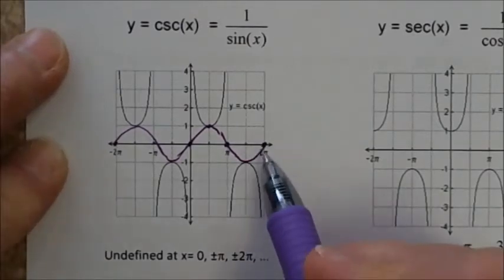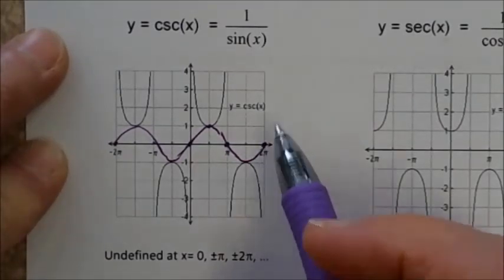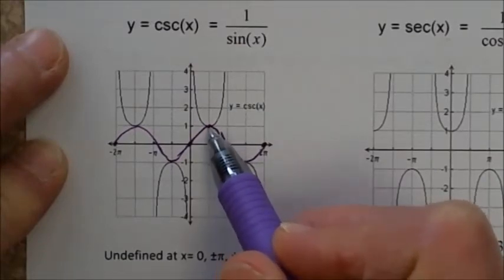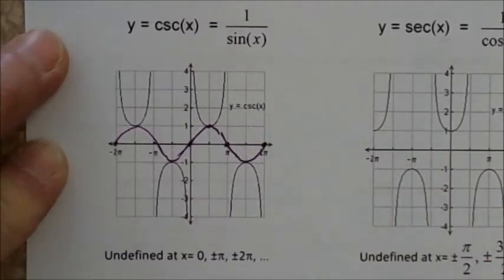So I've drawn in y equals sine x, and here at pi over 2, 1, the reciprocal of 1 would be 1. So that's why we still remain on that point.